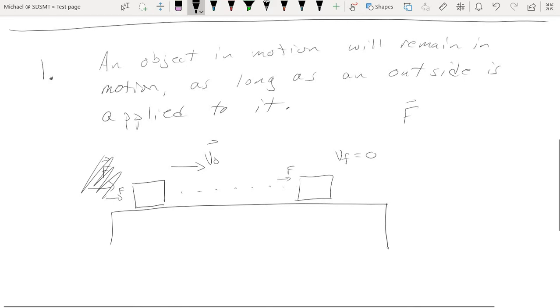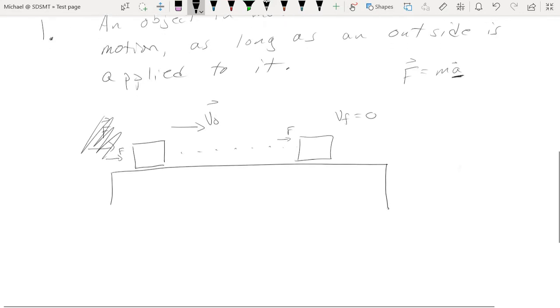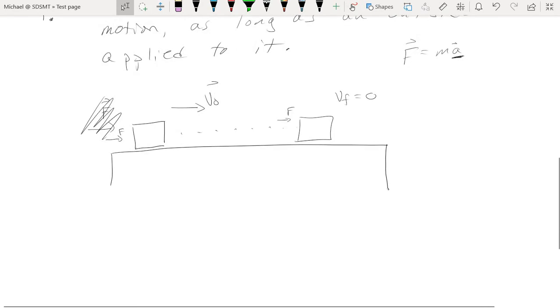Now, because that force was being applied, that would, in a sense, affect the velocity of that block. You would have to consider that block would not be slowing down, but it would constantly be speeding up. And so this made perfect sense to people. If you want something to move, you have to apply a force to it, and if you take the force away, it's going to stop. That was perfectly understood.